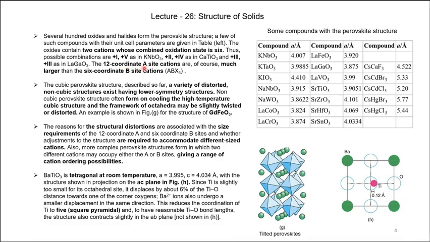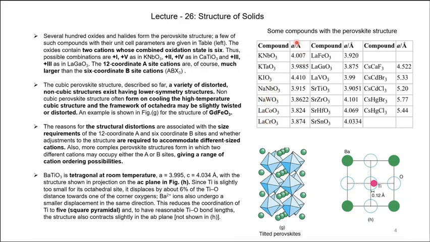The 12-coordinate A site cations are of course much larger than the 6-coordinate B sites. So this A site is 12 coordinated and this site is 6 coordinated. That is how we describe it. There are very few compounds in the table which show perovskite structure, like potassium niobate and potassium iodate, and others like this.